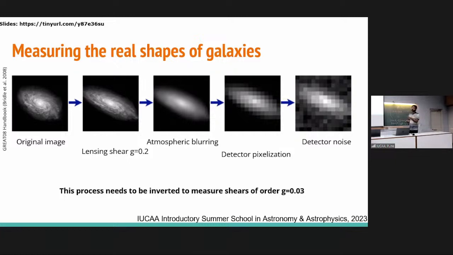After you pixelate it, you also have to think about the noise, because when the detectors read out, they don't read out exactly what is there, but there will be noise as well. And so you get some galaxy which will look like this. And this is still a fairly high signal to noise ratio galaxy. We have to use galaxies which are insignificant.